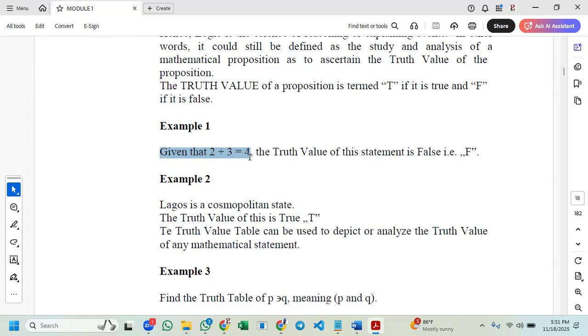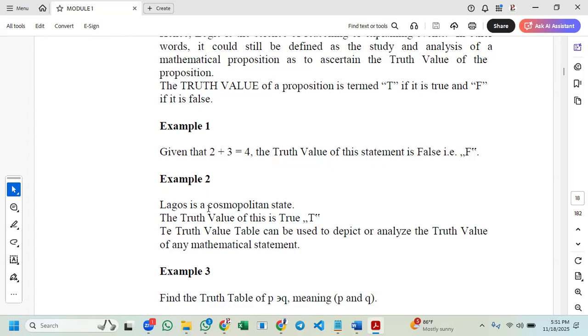So if you accept it, if it is true, then you know that it's true. But if I'm telling you something that is actually not possible, and I'm telling you it's going to happen tomorrow, you already know that I'm lying. So that's false. So for propositions, if what is being proposed is possible, if it is true, then it falls under the true statement. If it's not possible, it falls under the false statement.